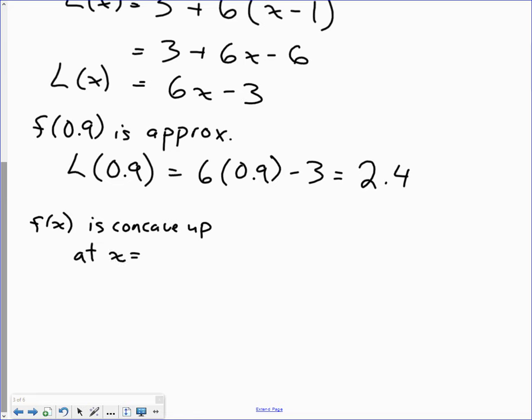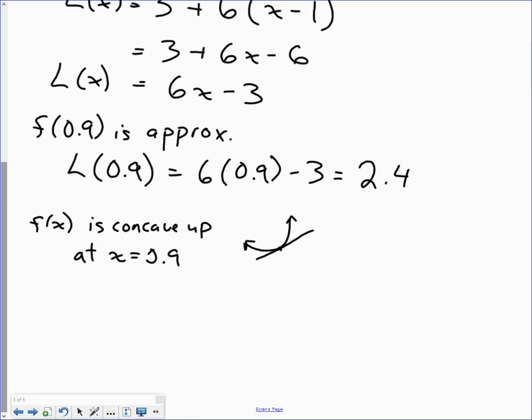If the curve is concave up, we can sketch a little bit of that function. We know that if we construct our tangent line, it is going to fall below the curve of the function, because that's generally how it works for concave up functions.